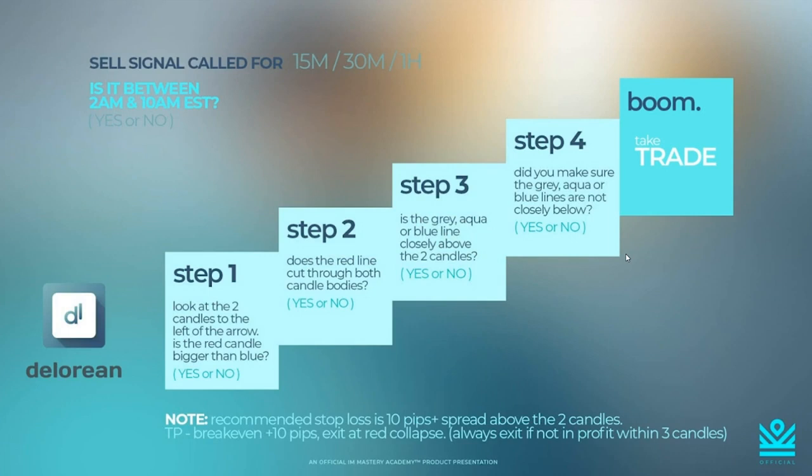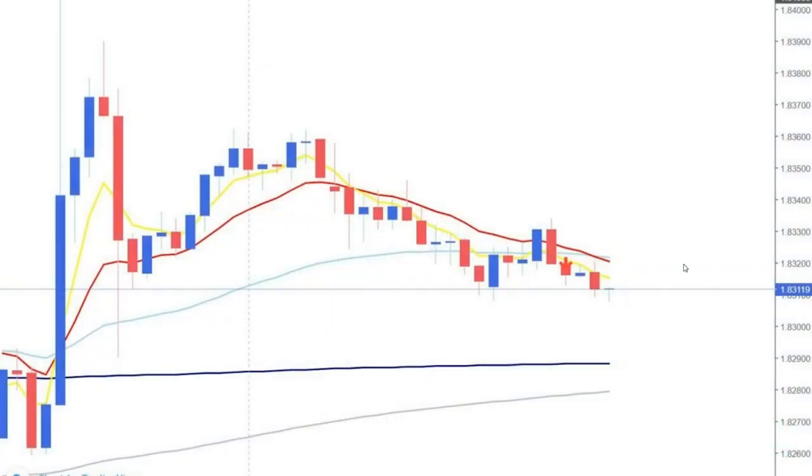And step 4 is just a reassurance point. Did you make sure the gray, aqua, or blue lines are not closely below? What that means is we're making sure we are not very close below this arrow. On a short-term trade, 15-minute, 30-minute, and 1 hour, closely below means 10 pips.